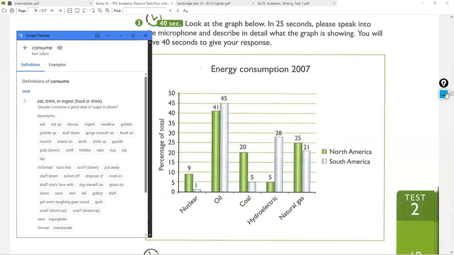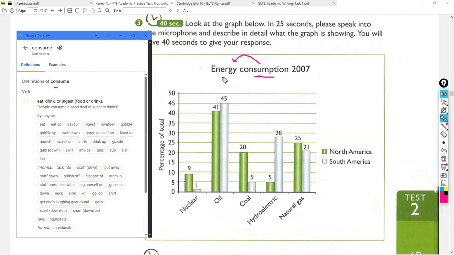The noun is consumption. And if it's about energy, I'm consuming energy. For example, the electricity bill you pay by the end of every month depends on the consumption of electricity you consume. So this is the meaning of consume.